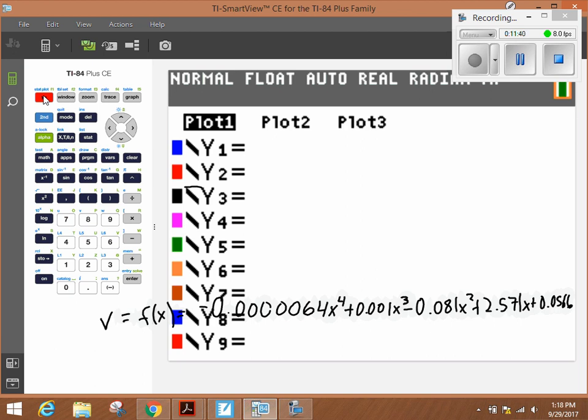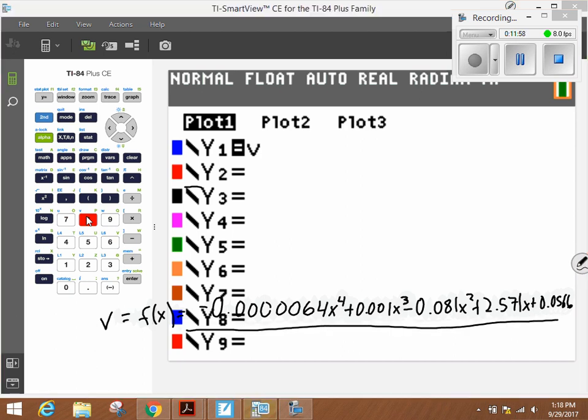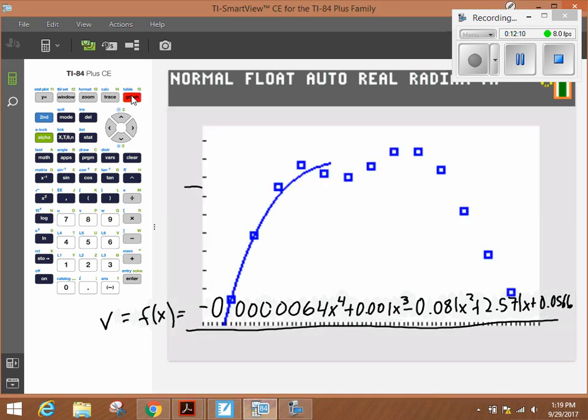But if you have a newer one and it stored the function for you, you can just hit v, and what that's doing is entering all this stuff in there for you to graph it. So I hit graph. And there we go. So that is roughly what that thing looks like.